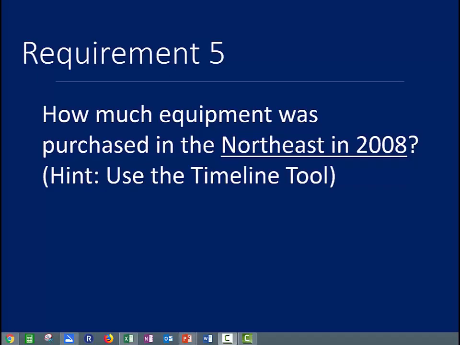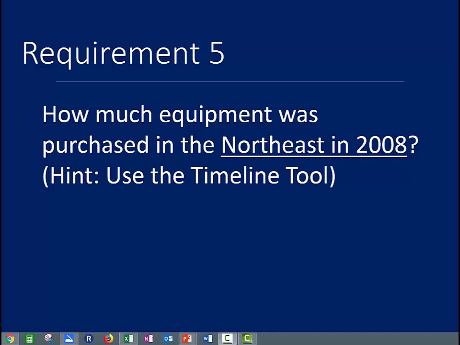In requirement number 5, it asks you to determine how much equipment was purchased in the Northeast in 2008. So again, we're going to start by creating a pivot table, and we're going to need to build a pivot table that shows total cost by asset category and also by asset region. And we're going to use the timeline tool to narrow it down to 2008.